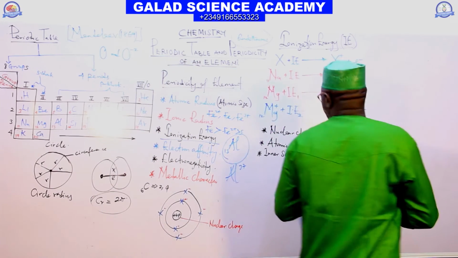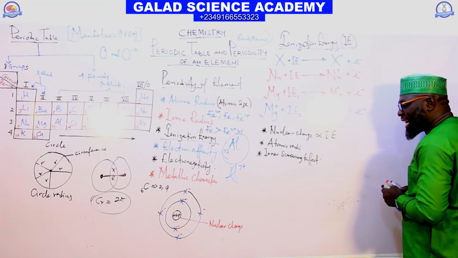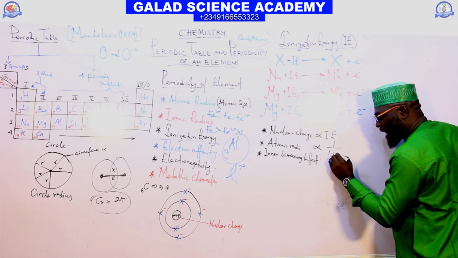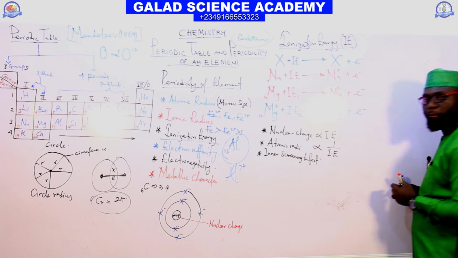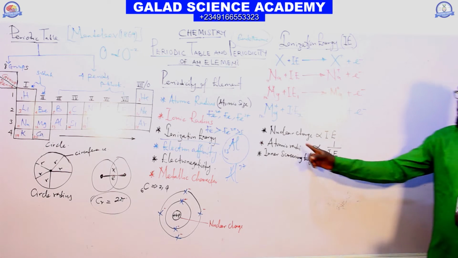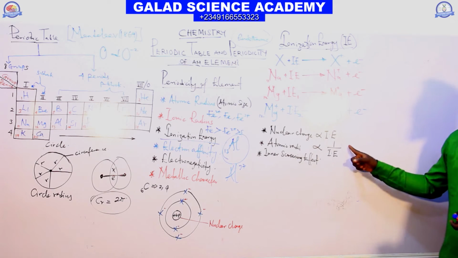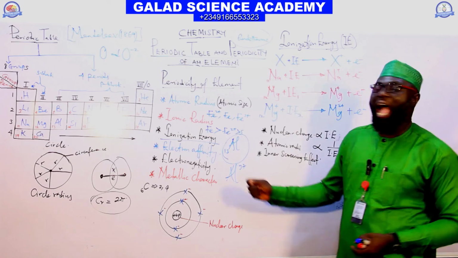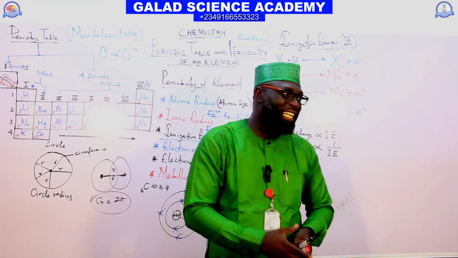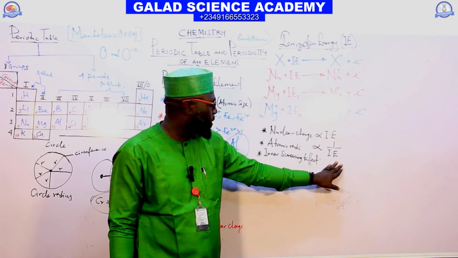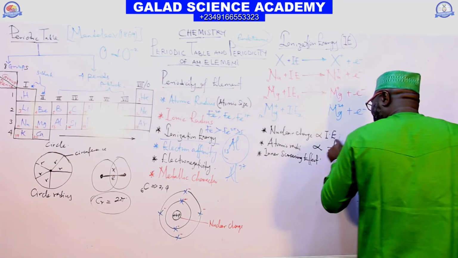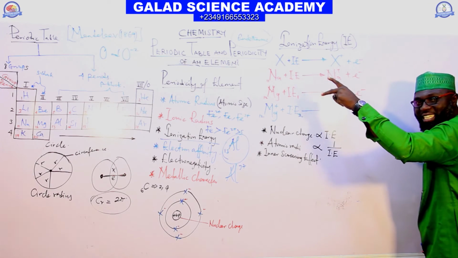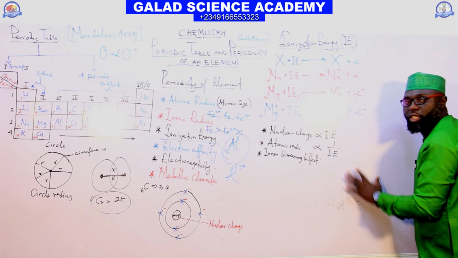The next one is atomic radii. The atomic radii is inversely proportional to ionization energy. That is, an increase in atomic radii leads to a decrease in ionization energy. When the atomic radius is increased, the energy will be reduced.